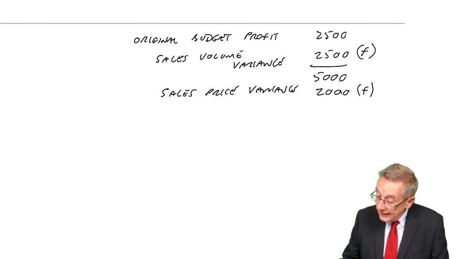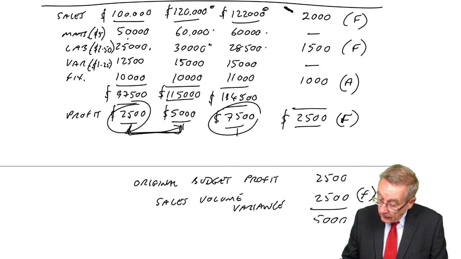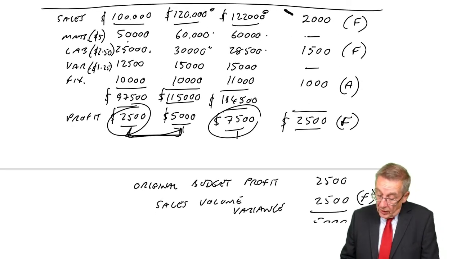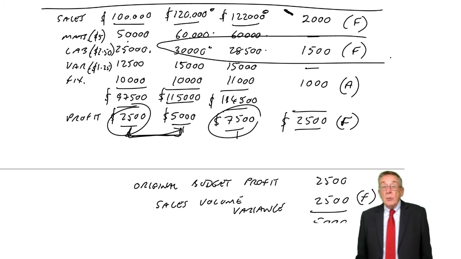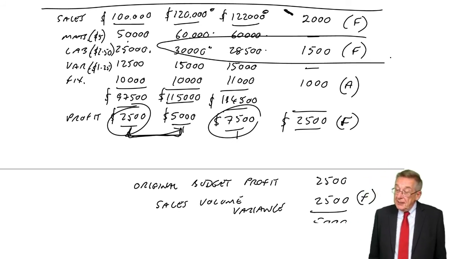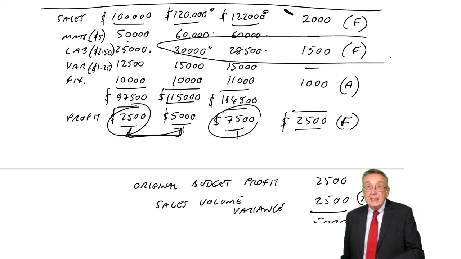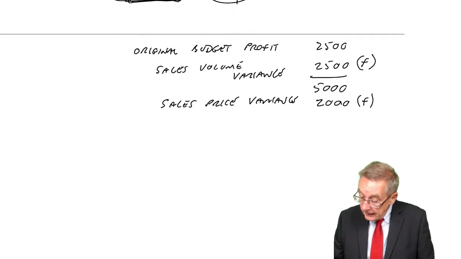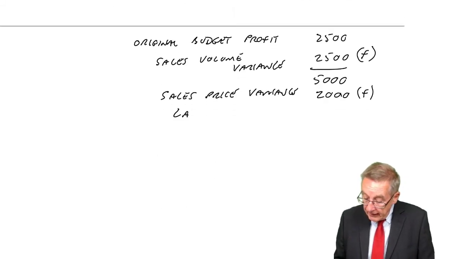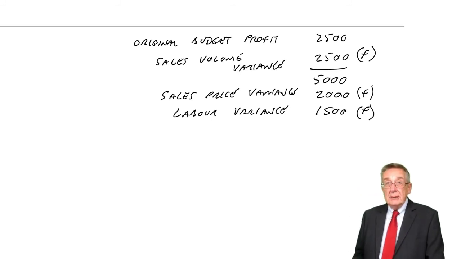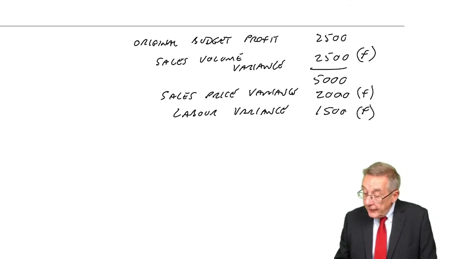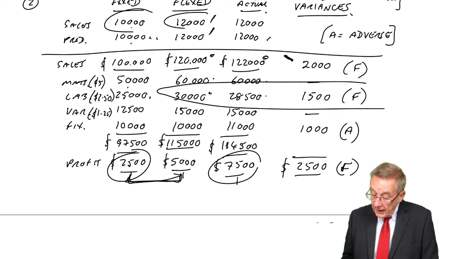What else happened? Materials, perfect. But labour. We spent less than we expected on the flexed budget. We gained 1,500. Labour variance, $1,500. And finally, what else happened?